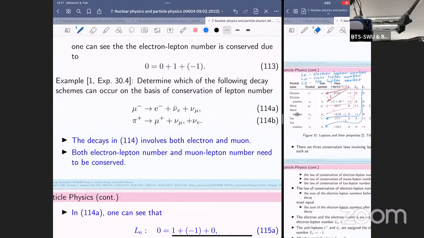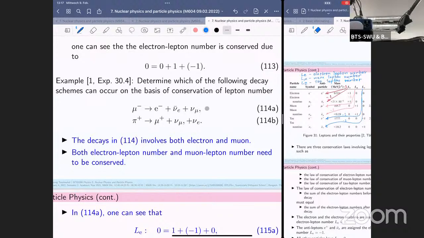Muon negative here has 0 electron-lepton number, so we have 0 right here for this particle. And the electron has +1 electron-lepton number Le, so that's why we have 1 here. And what about the electron anti-neutrino? It has -1 electron-lepton number, so we write down -1 for this particle.